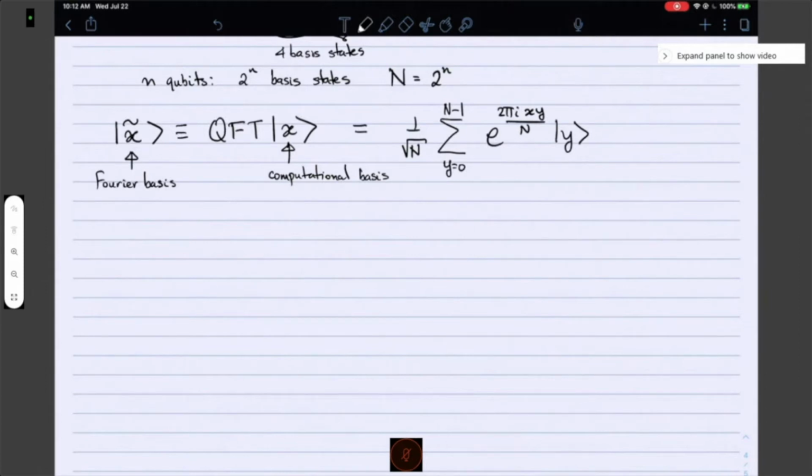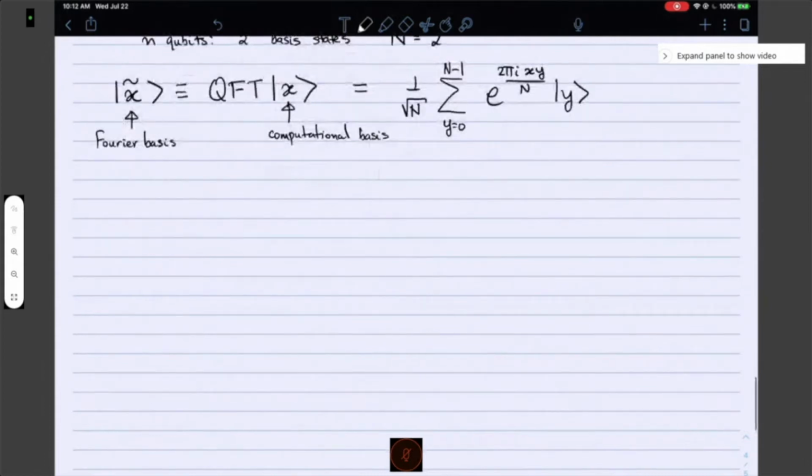So for example, you might remember we talked about the 1 qubit quantum Fourier transform being the Hadamard gate, but let me show you something very cool. So let's do the 1 qubit case. So in the 1 qubit case, N is 2 to the power of 1, which is 2. So let's write down exactly this expression.